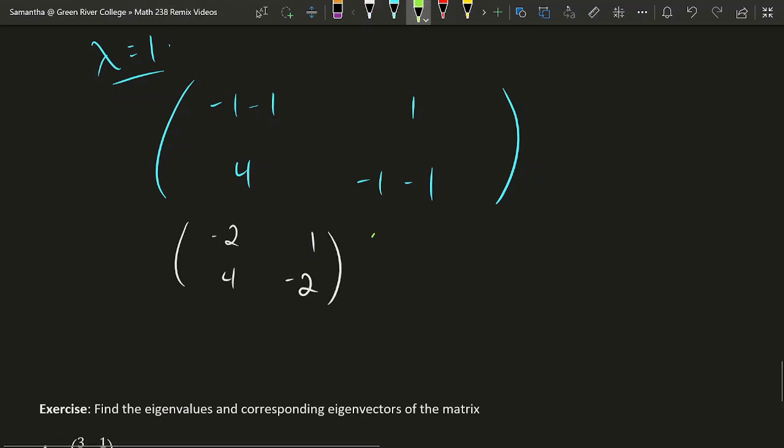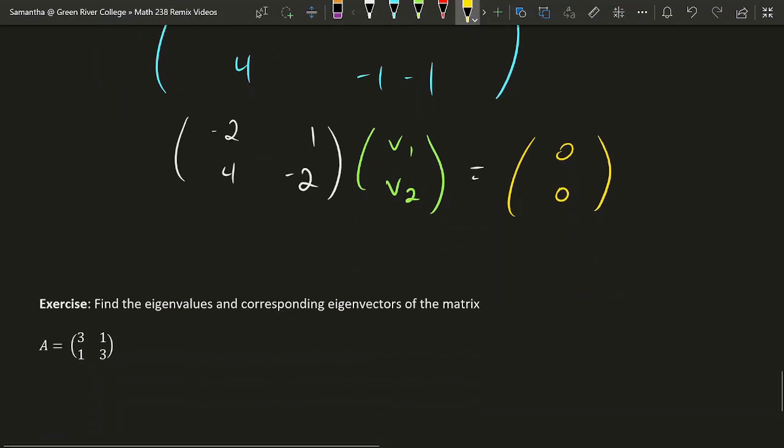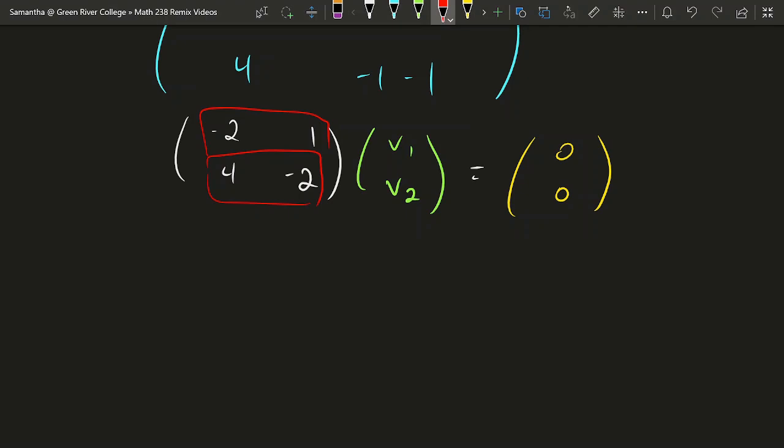And I'm in search of a vector which, when multiplied by this modified matrix, gives me 0, 0 as a result. But once again, notice that the second row in this matrix is just a scaled up version of the first row. The second row is just -2 times the first.